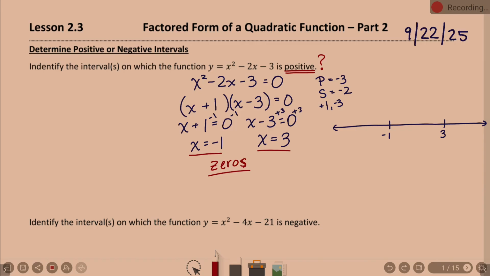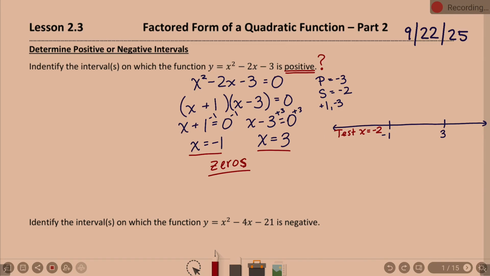Do we have to use -2? No. -3, -4, -5, use any number you want. We're going to test x equals -2, and we want to know, is the equation positive, negative, or 0 there?